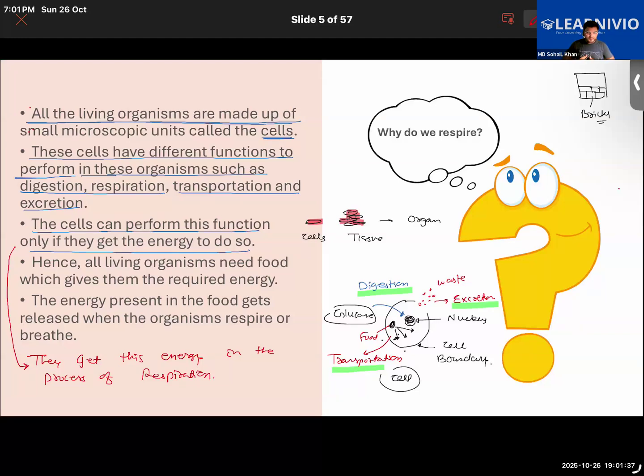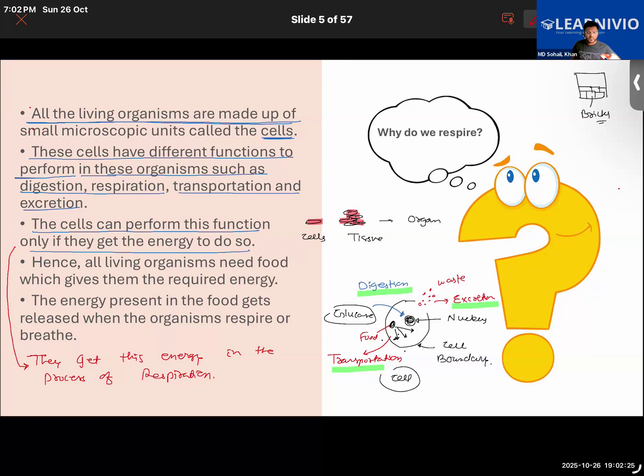Hence, the vessels can perform this function only if they get the energy to do so.